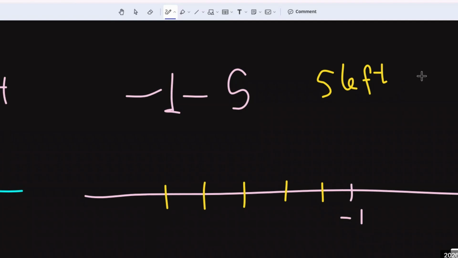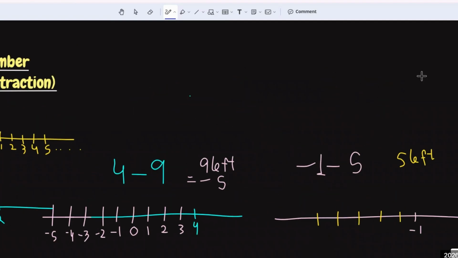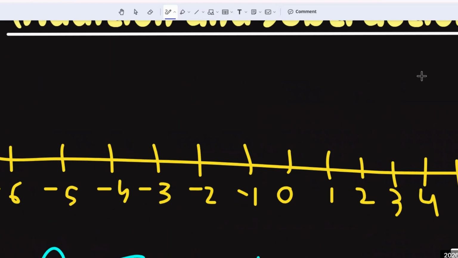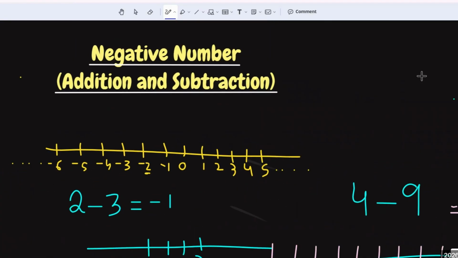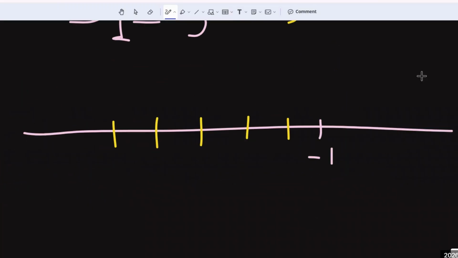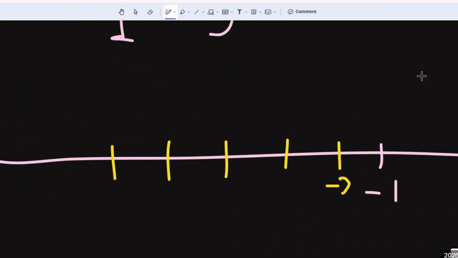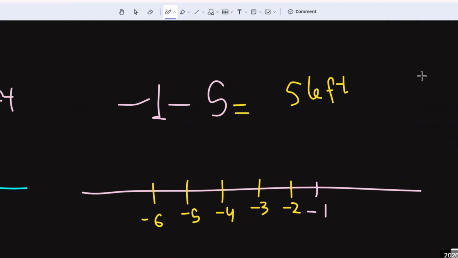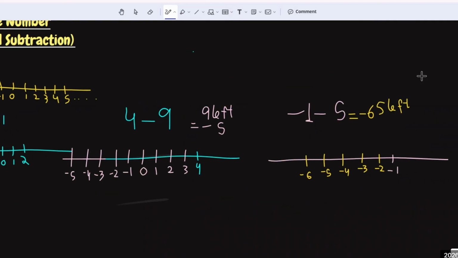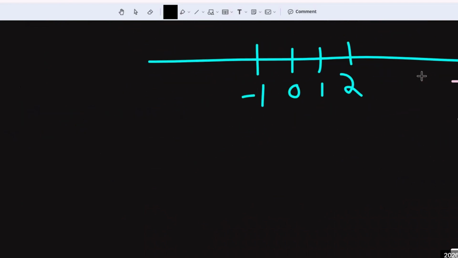Before -1, if you are putting 0, then you must be wrong. If you remember your number line, before -1 the digit is -2, and then -3, -4, -5, -6. So that's why my answer is -6. Do you understand? Okay, let's try another question.